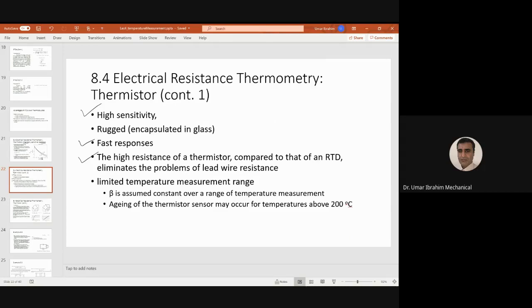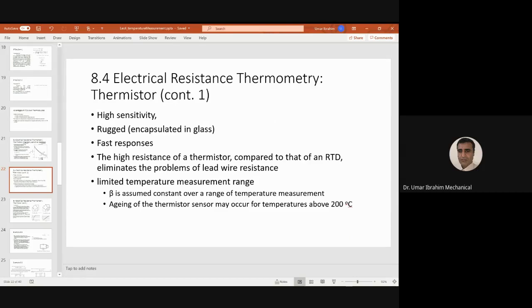We don't have to worry about the effect, unless the lead resistance is very high, like hundreds of meters long, which typically you won't use. So these are the differences between RTD and thermistor.